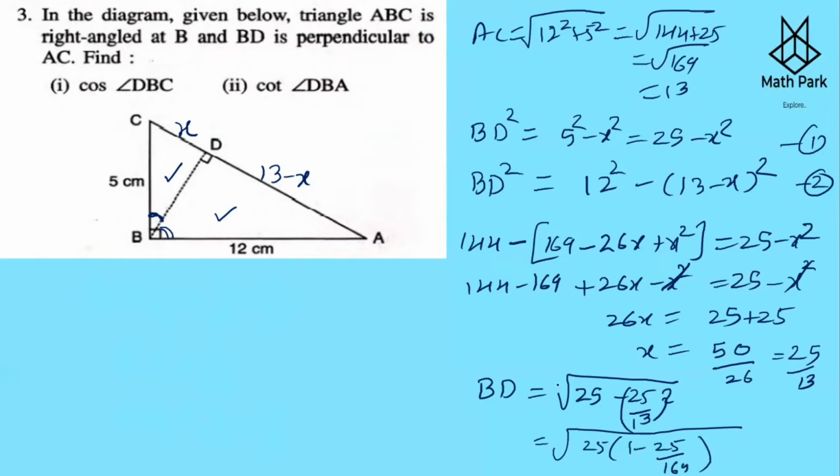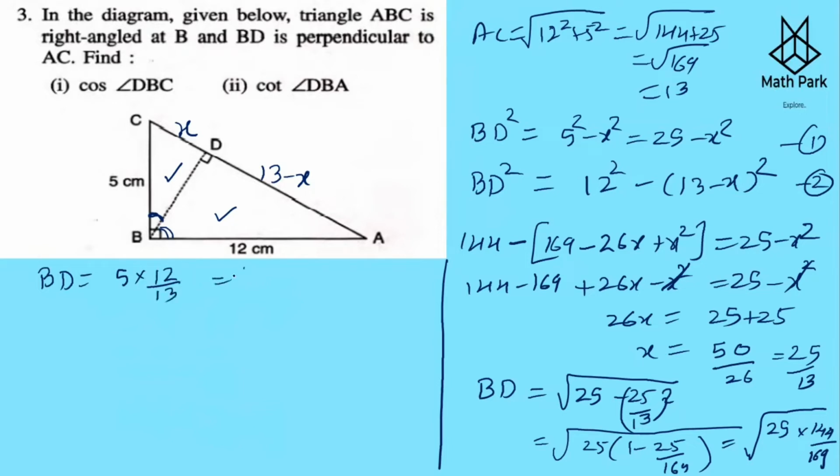When we simplify this, this is square root of 25 times 169 minus 25 is 144, upon 169. So all of these are perfect squares. When we take this out of the square root, you get BD is equal to square root of 25 is 5, into square root of 144 is 12, upon square root of 169 is 13. So it is going to be 60 upon 13 is the value of BD.